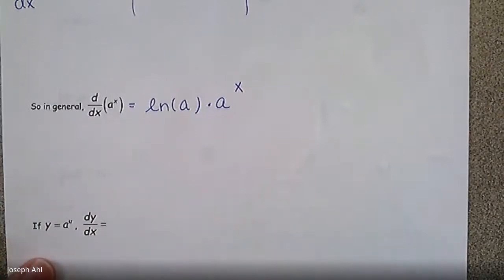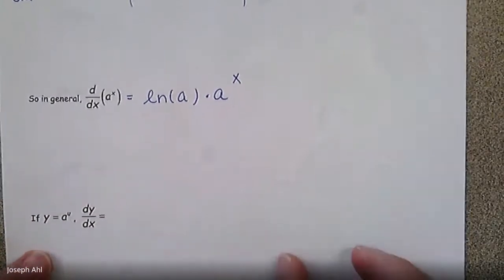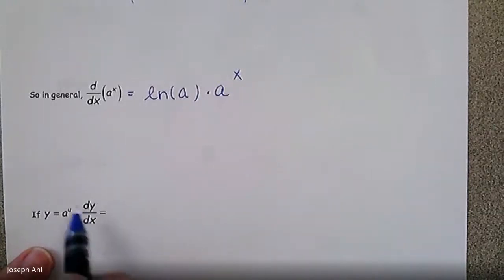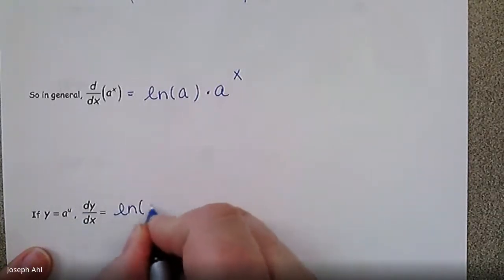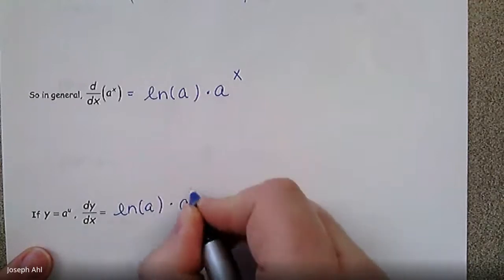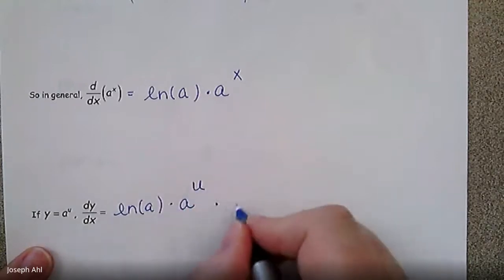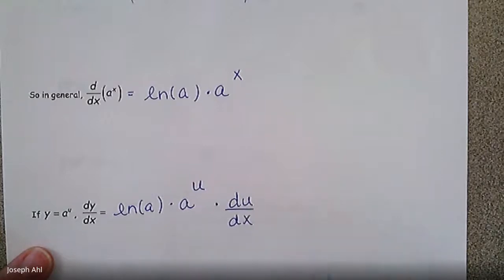And if we have y equals a to the u, where u is some differentiable function of x, here we would have still ln of the base times a to the u, but of course with our chain rule times du dx. So that's a pretty quick and hopefully easy rule for us to develop and justify based on trying it out with some logarithmic differentiation for a bunch of different bases.